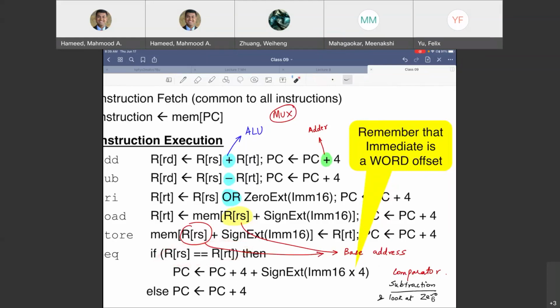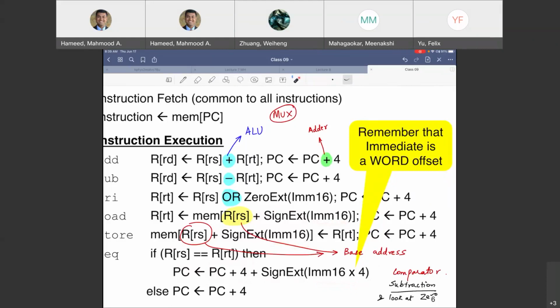Now, how about this? PC equals PC plus 4 plus sign extension of this. We already had this sign extender, right? We can use the same sign extender for this, right? But this guy had immediate constant, but for this guy it is immediate constant multiplied by 4.